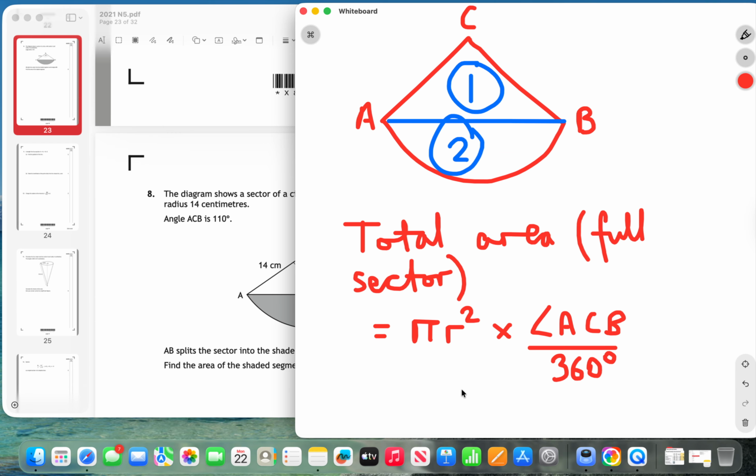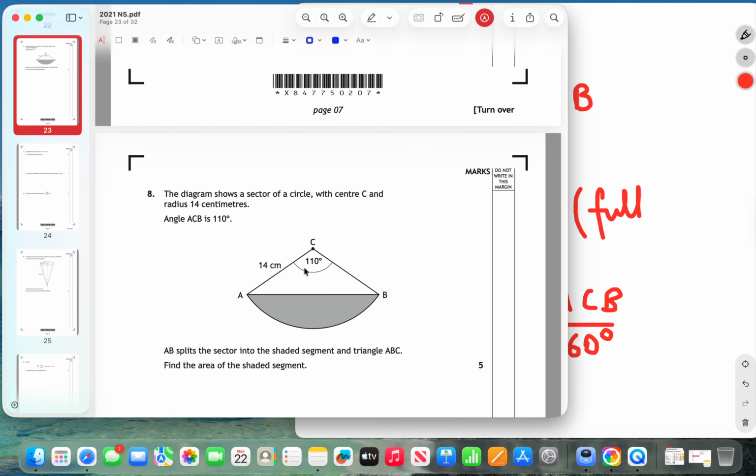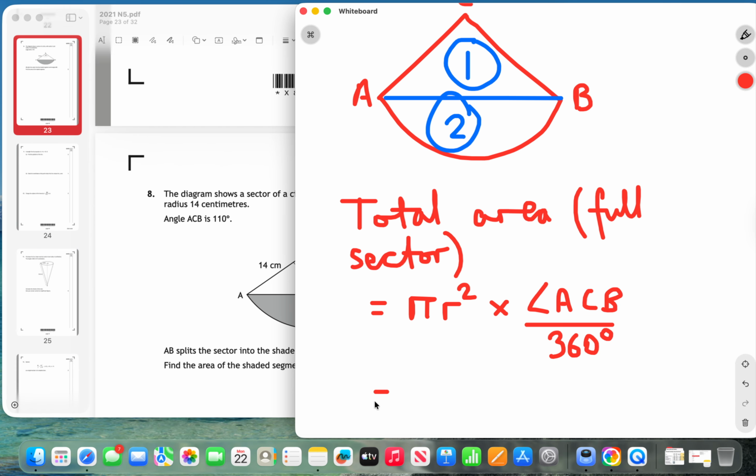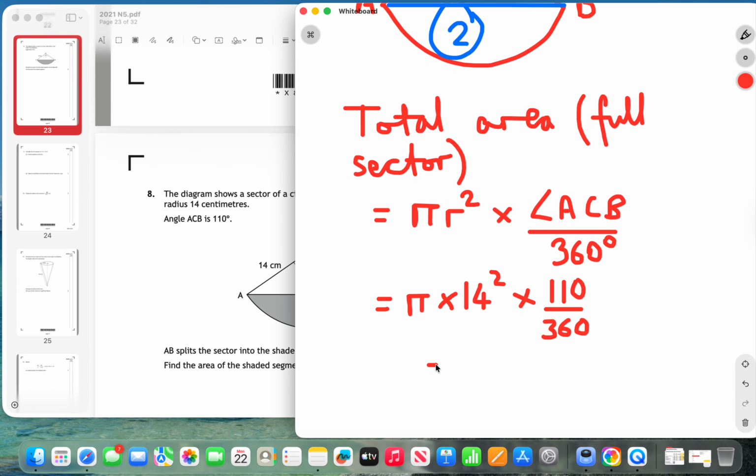So you want to substitute your values in. The radius is 14 centimetres. Pi times 14 squared, and angle ACB is 110, times 110, all divided by 360. Then substituting those into the calculator, you want to retain a fair few number of significant figures.